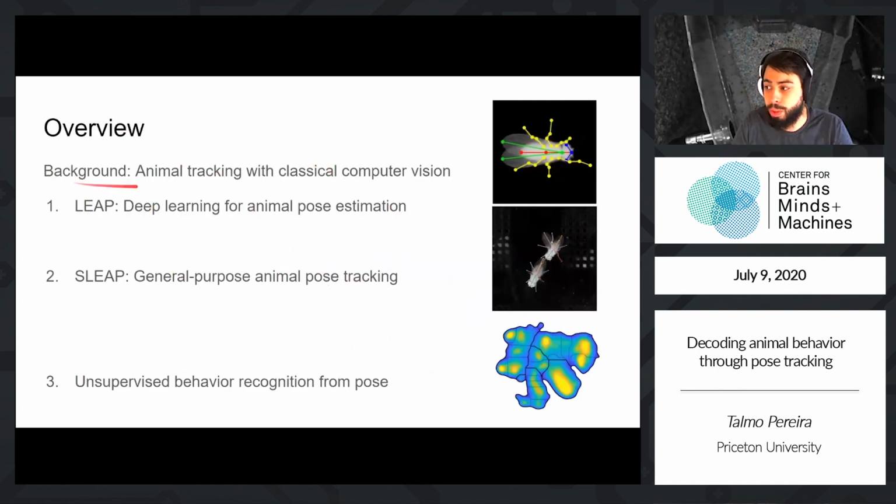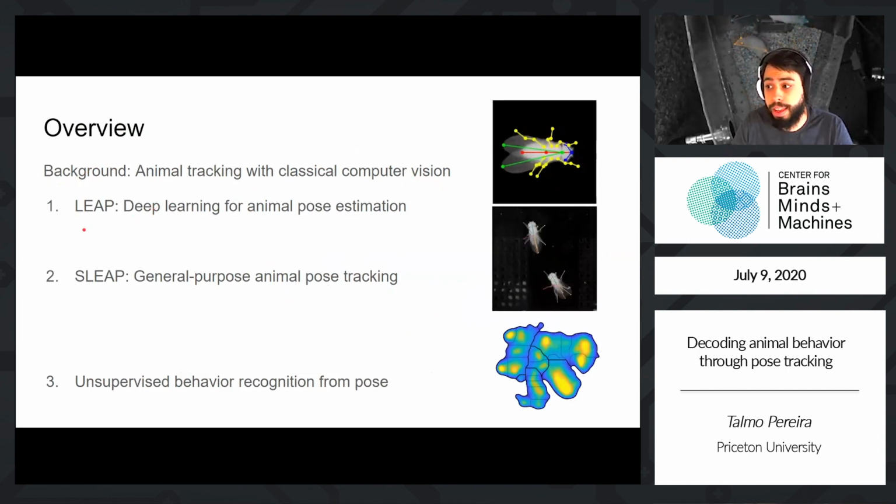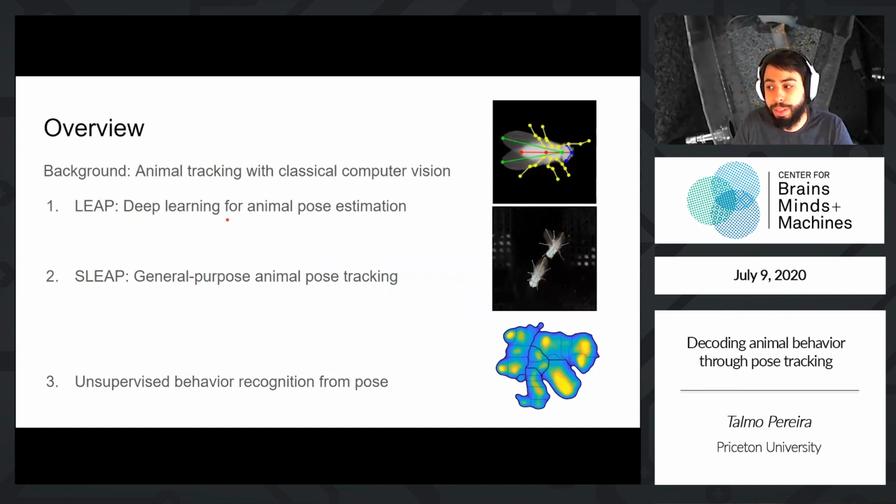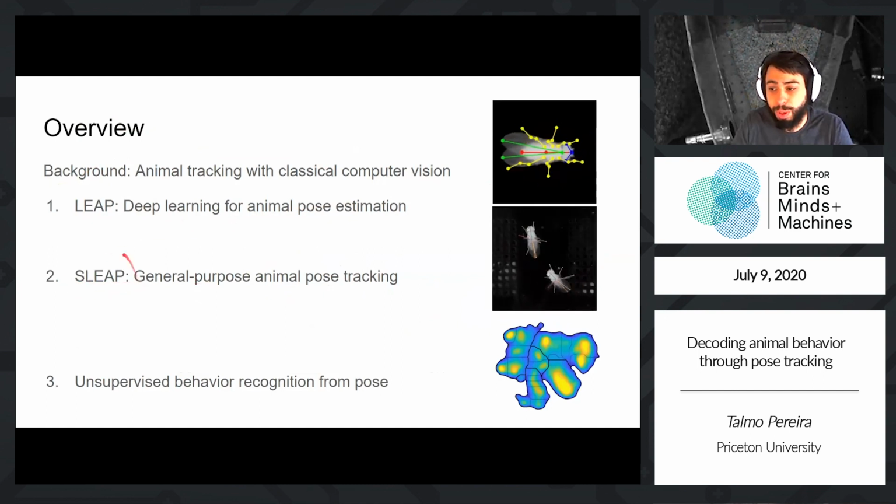All right, so first we're going to start with a short background on animal tracking using computer vision. That's going to motivate how we started developing our software called LEAP, in which we first adapted deep learning for animal pose estimation. Then we'll get into the new version, the successor of LEAP, called SLEAP, or social LEAP, which enables very general purpose animal pose tracking.